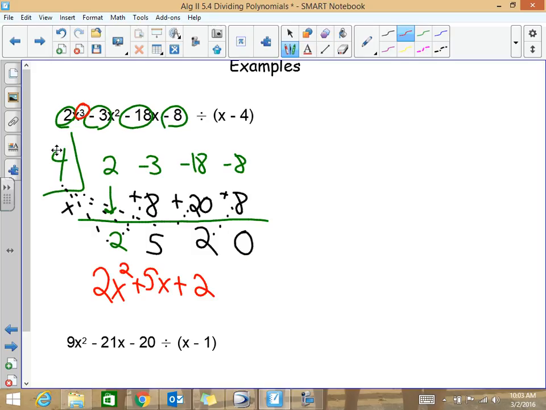And you should always have a column left over, which represents your remainder. If you don't have a column left over, then it means you missed a column when you started. Okay? So the answer to this division is 2x squared plus 5x plus 2, remainder is 0.